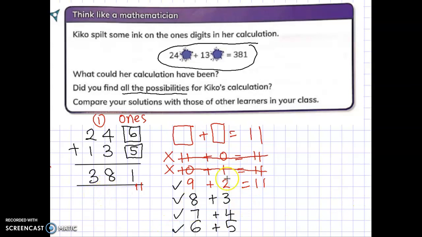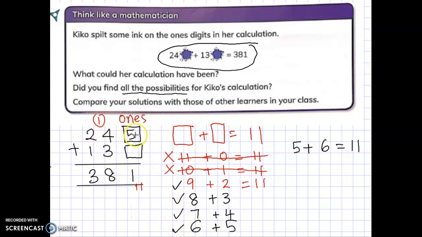Now let's do the next one. After 6, what should it be? The descending pattern? It should be a 5. Now 5 plus 6 gives you 11. If I put the 5 here, I'll get a different number from just now.